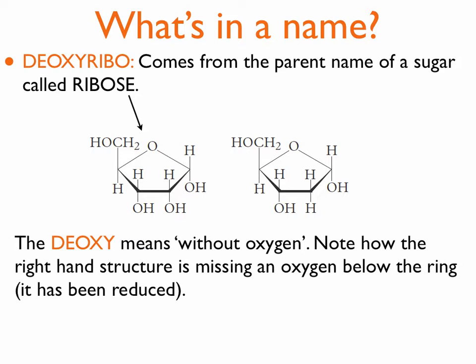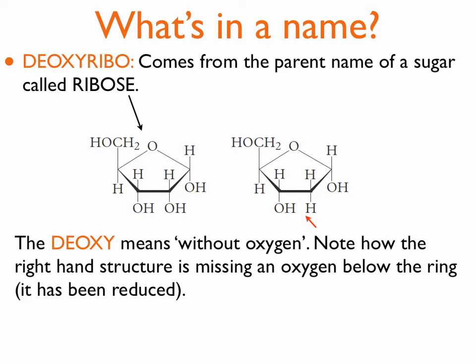So if you look at the ring structure on the right, you'd notice that there is an H group missing the O. Now, this structure has been reduced and therefore lost its oxygen, and so the structure on the right is the deoxygenated version of the structure on the left. So the structure on the right, if you like, is deoxyribose, and on the left you have ribose.